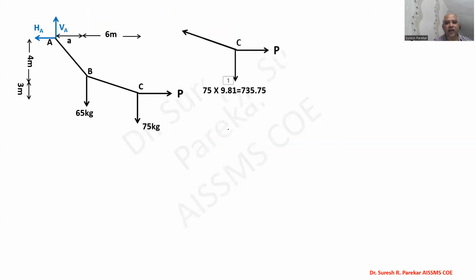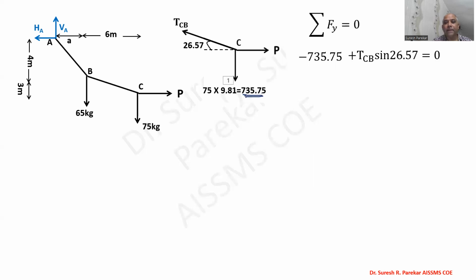So this is the free body diagram. We have considered joint C. Let that tension be TCB, angle we have 26.57. We apply summation Fy equals 0 and we get minus 735.75, which is this weight, plus TCB sine 26.57 equals 0, which gives the value of TCB as 1644.9 Newton.